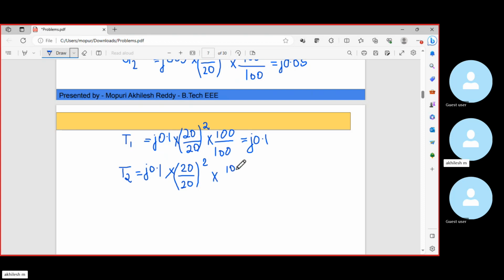So this is again j0.1. As we have seen in the previous case, after transformer 1 and transformer 2 we need to do the voltage transformation.